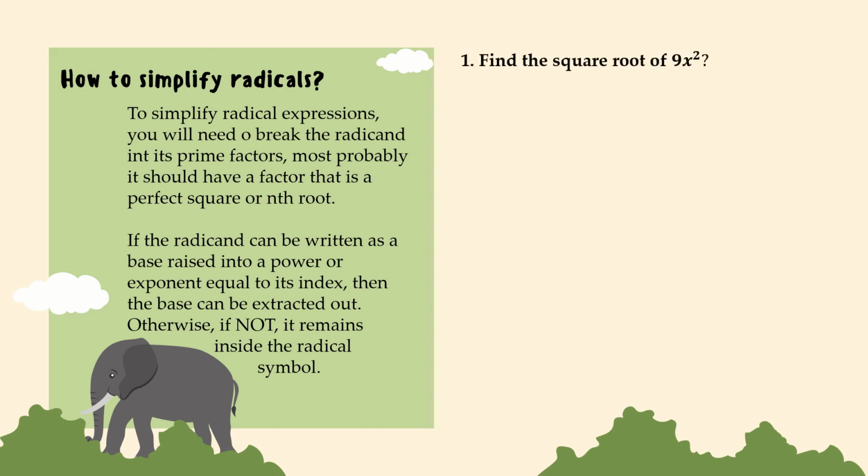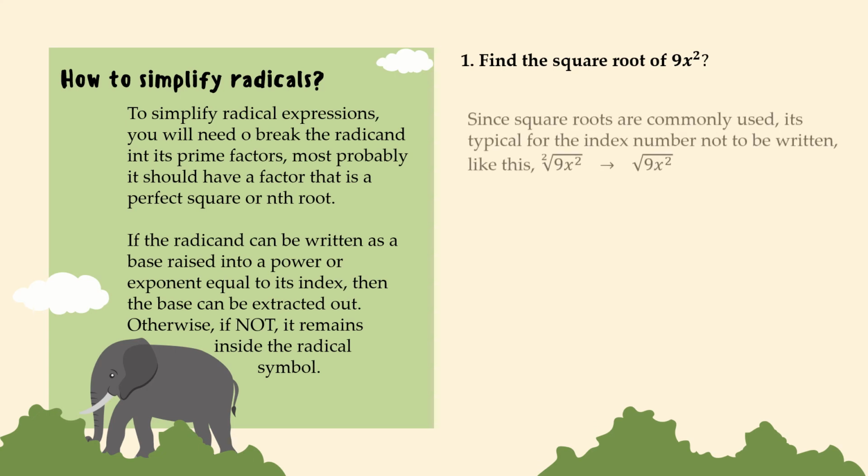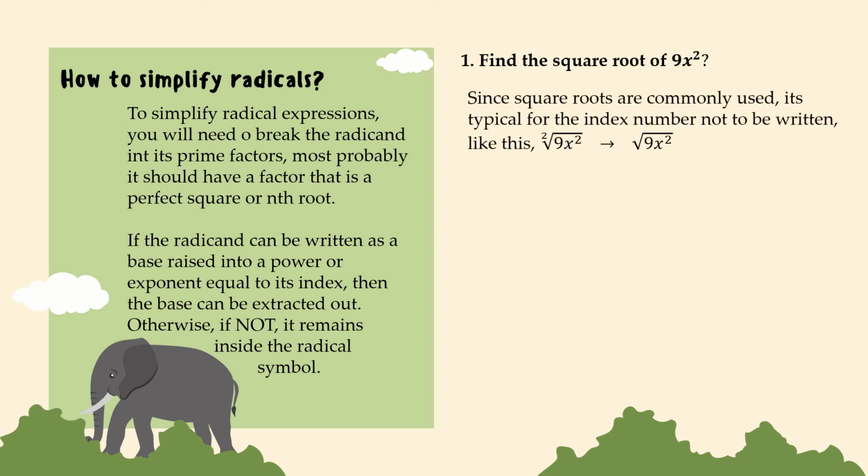Okay, example this one. How do we find the square root of 9x squared? Solution. Since square roots are commonly used, it's typical for the index number not to be written. Usually kung square root lang, dili na siya isulat kasi ubang mga libro kung square root symbol lang, dili makita ang index, nagpasabot imaginary 2 ang index.